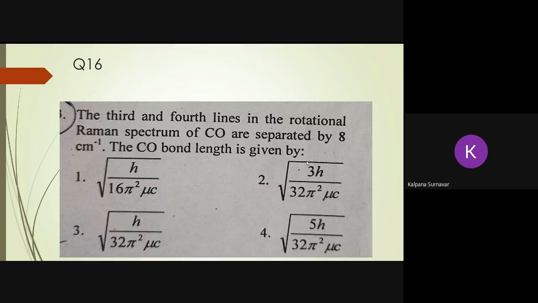Vibrational spectroscopy obeys different selection rules for the harmonic oscillator and the anharmonic oscillator, where transitions occur according to delta V equal to plus or minus 1, or delta V equal to plus or minus 1, plus or minus 2, plus or minus 3 and so on.